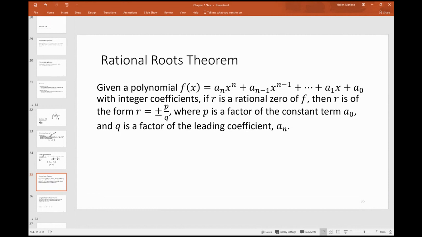If it has integer coefficients, then we can say that if r is a rational zero of that function, then r would take the form plus or minus p over q, where p are factors of the constant term, and q are factors of the leading coefficient.